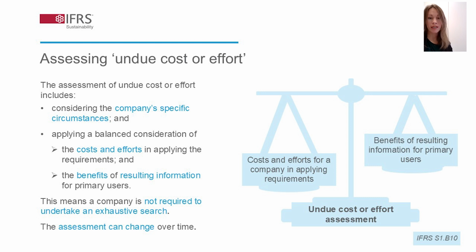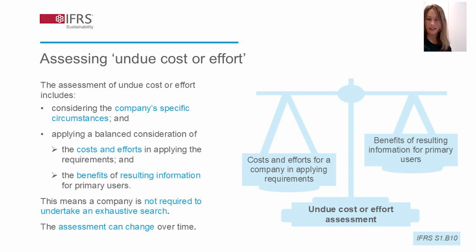In other words, the information that is available without undue cost or effort to a company to use in its disclosures can be different depending on their circumstances. The ISSB noted that companies are prohibited from arguing that no effort is necessary because information about sustainability-related risks and opportunities that could be reasonably expected to affect the entity's prospects is actually useful to primary users.